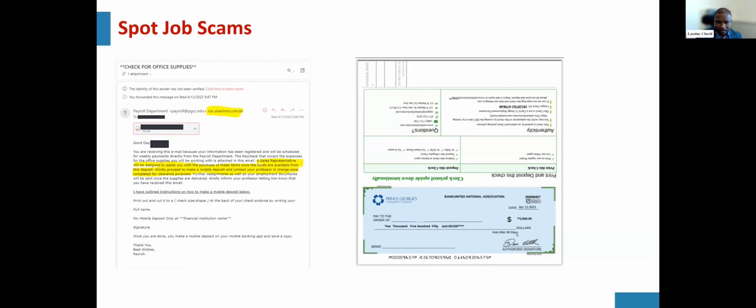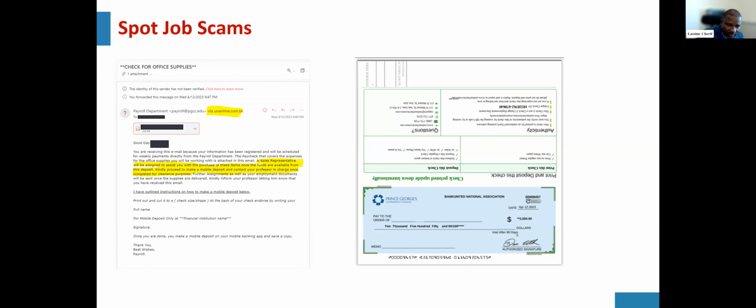Think about it, right? The scammer sends you a check and asks you to go deposit the check, withdraw the money, and pay for your office supplies.